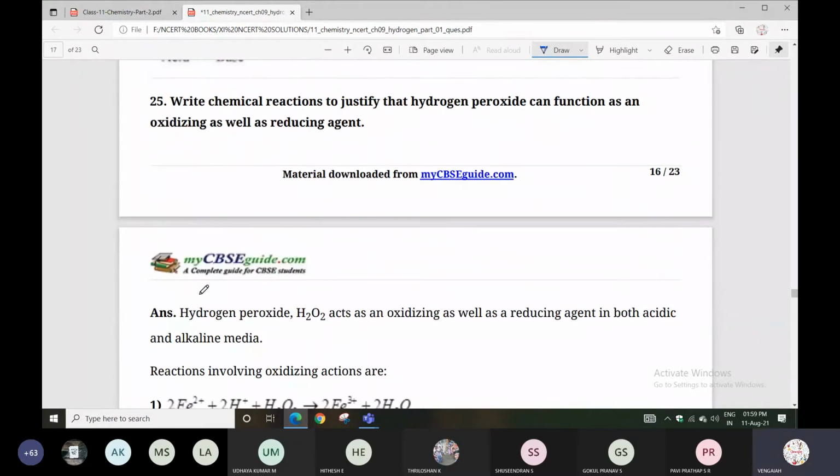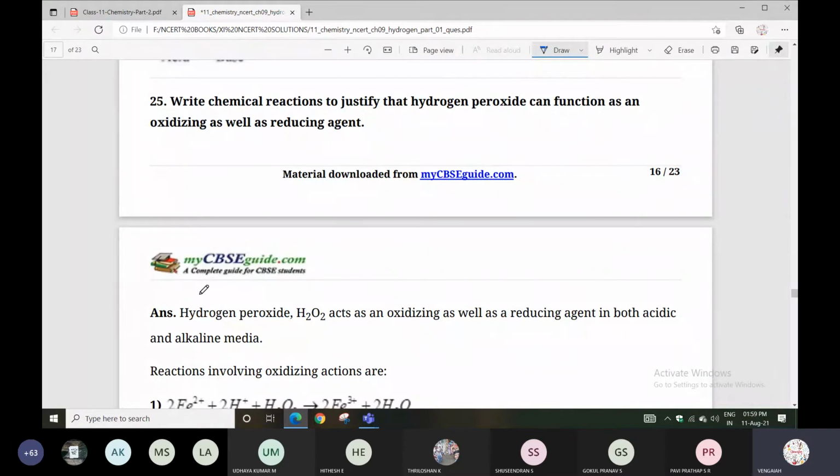Next one is: write chemical reactions to justify that hydrogen peroxide can function as an oxidizing as well as a reducing agent.